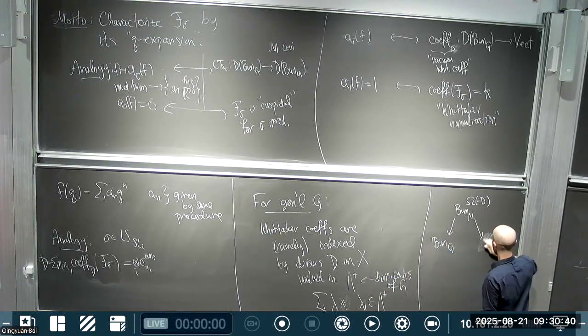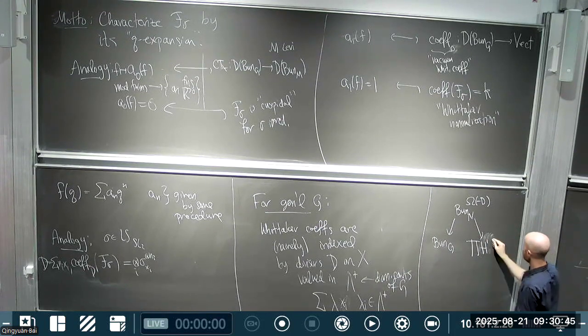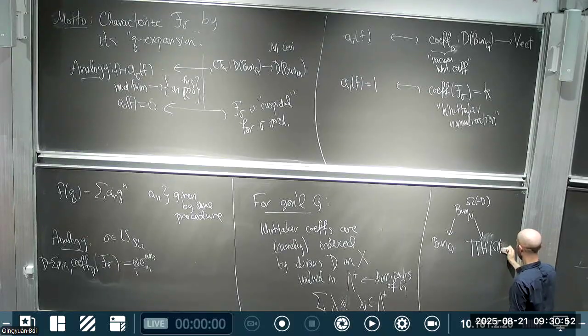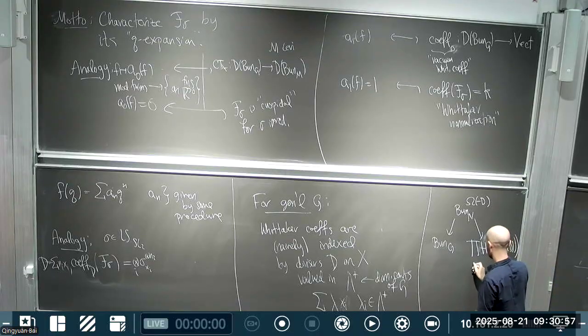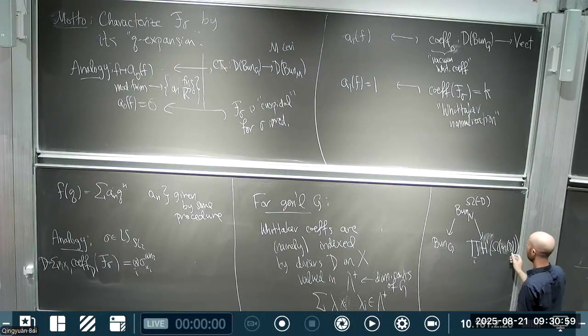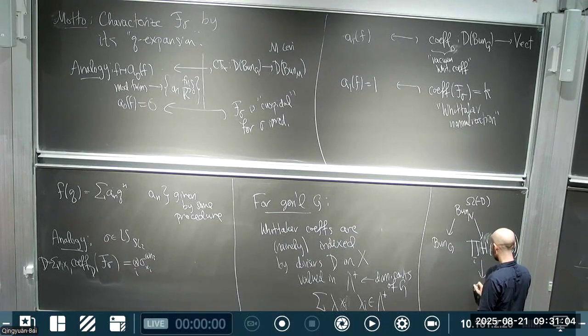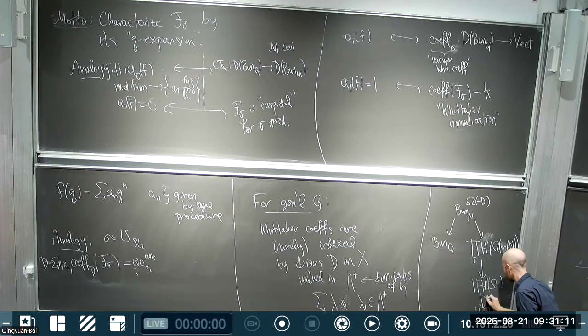The way this is rigged, this will map to a product of H1s of omega of the alpha_i applied to my divisor, so minus my divisor, and this will then map to H1 of omega by the sum map. And this is my A1.